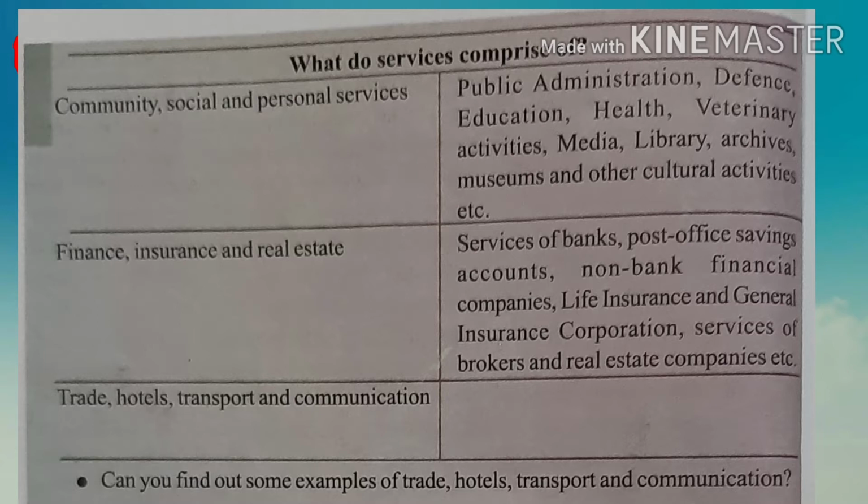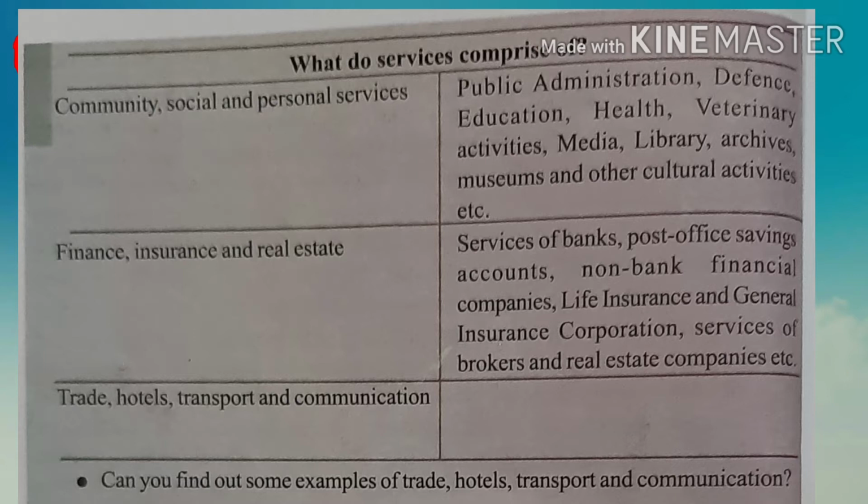See next, finance, insurance and real estate. Services of banks, post office savings accounts, non-bank financial companies, life insurance and general insurance corporation, services of brokers and real estate companies. You know brokers. Everywhere we can see brokers.